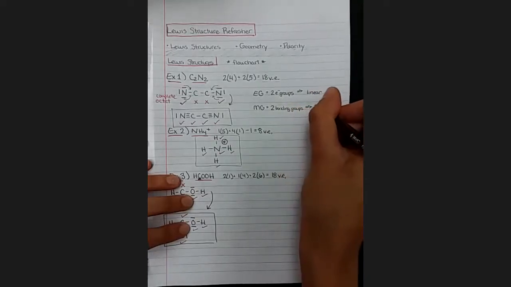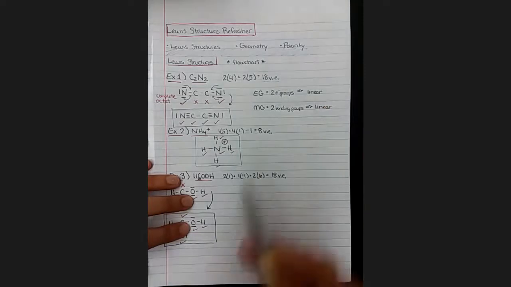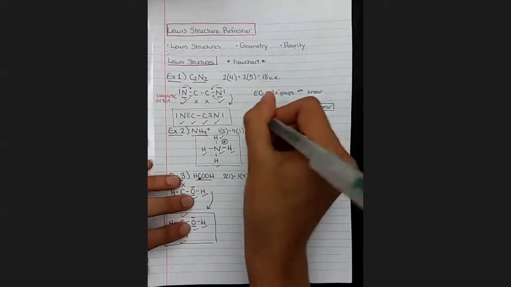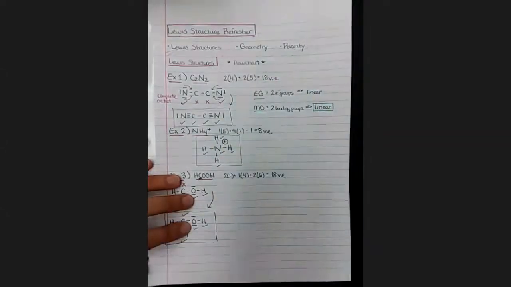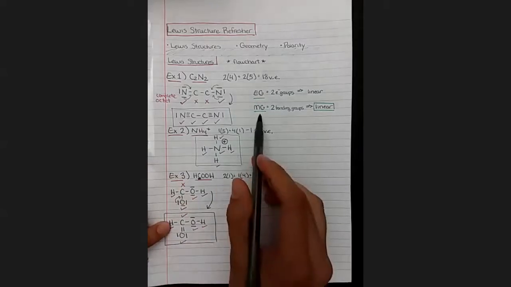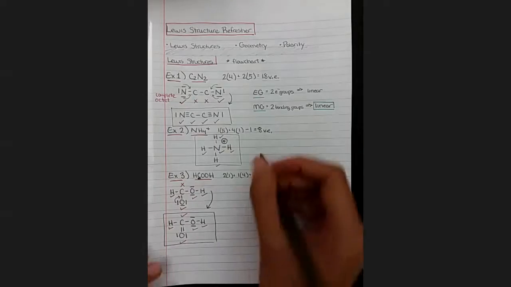So our molecular structure for this molecule is linear. And so that tells us about the shape of the molecule and what it's going to look like. And again, this is true for both of the central carbon atoms in that molecule. Okay, let's do the next one.